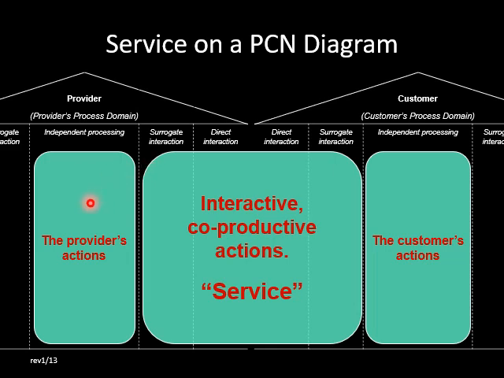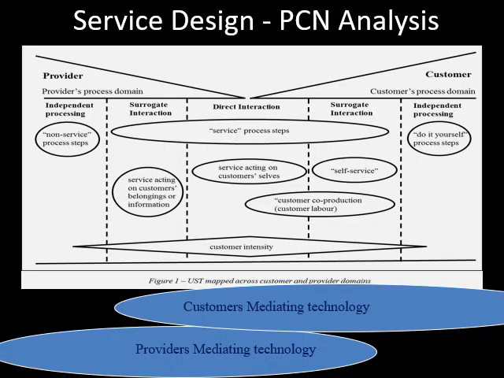And the independent processing may be manufacturing. Independent processing for the customer may be writing a letter or doing something with your own resources. So we start to map a service on a PCN diagram.